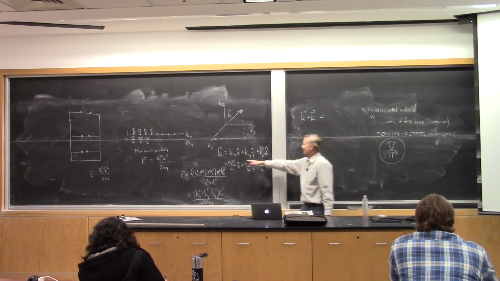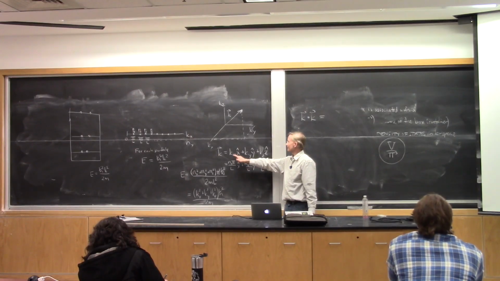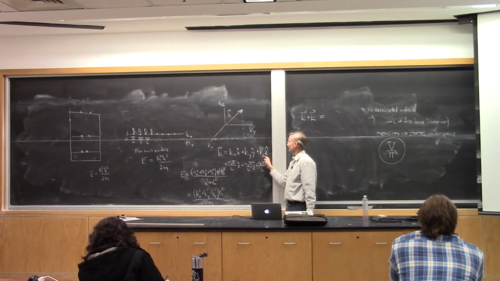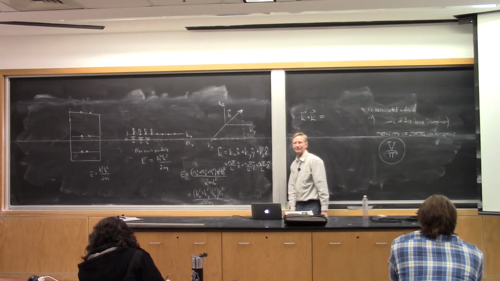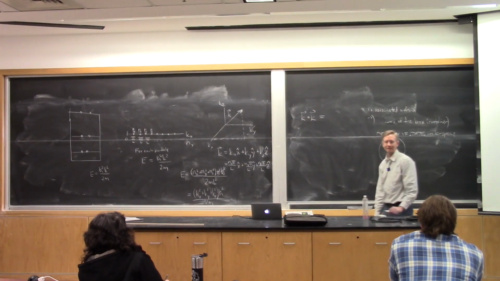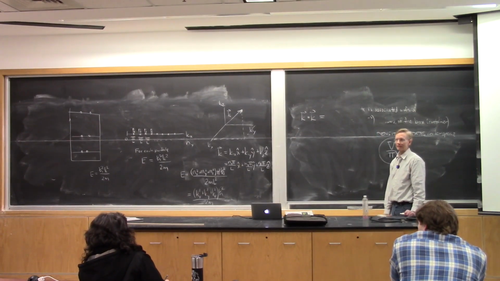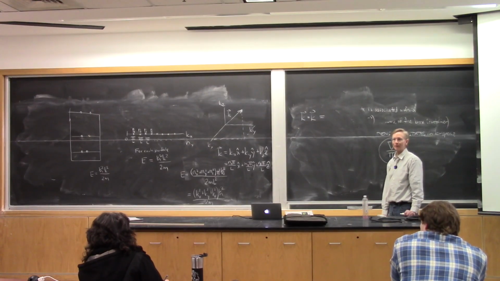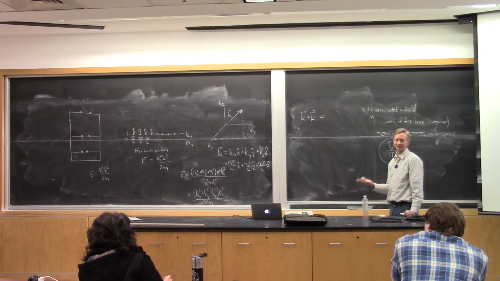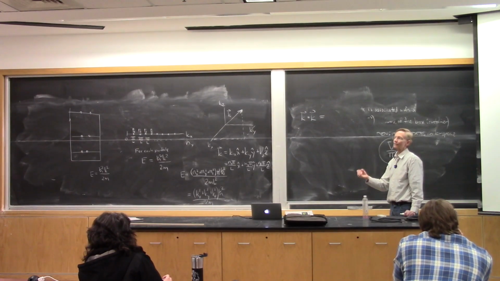What would I write for k dot k if it's kx x hat plus ky y hat plus kz z hat? What's k dot k? A vector dotted with itself, in terms of its components, is kx squared plus ky squared plus kz squared. The dot product of a vector with itself is always the sum of the squares of its components.